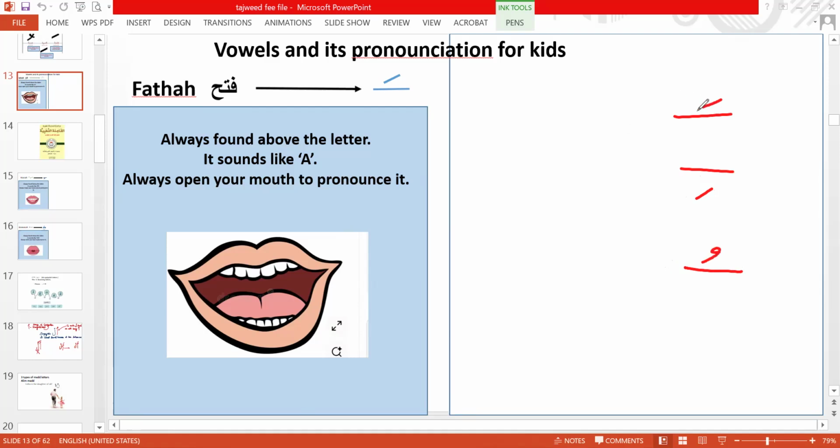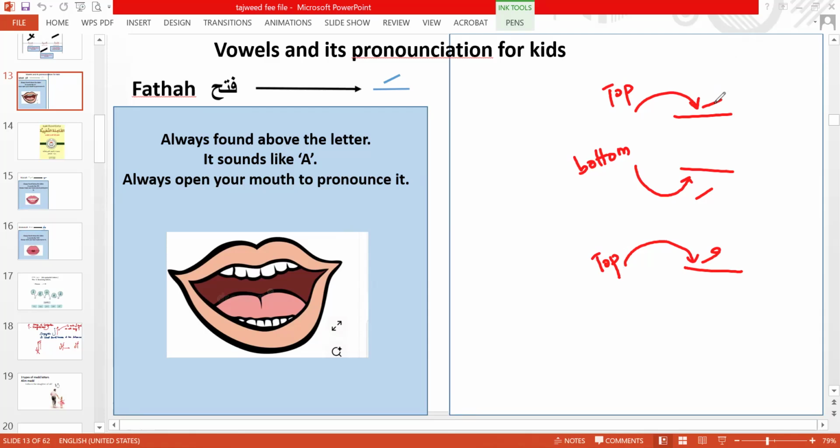Fatha always comes at the top of the letter. Kasra always comes at the bottom of the letter. And Dhamma always at the top of the letter. Top, bottom, and top. This is what a student should know.